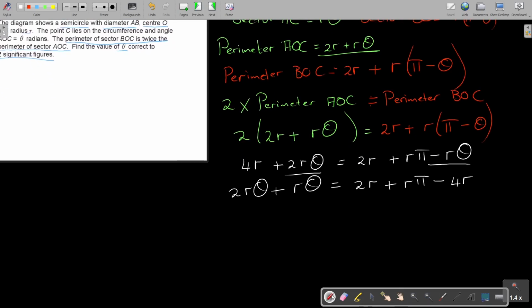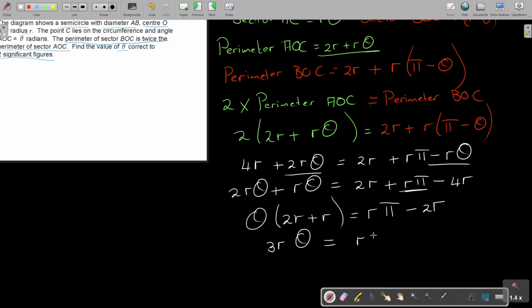And now I'm going to take theta out, and it's 2R plus R. So it was actually like terms. Did you see that? And then this is going to be 2R minus 4R. So it's R theta, R pi, this one, minus 2R. Are you with me? Now, this is going to be 3R theta, and this is now R.